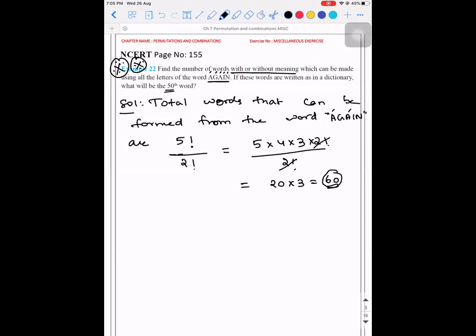Okay, so observe this. If I have to arrange it in the dictionary order, what should be my first letter? Something that starts with A. Total only 5 letters, right? So I have 4 blank spaces.